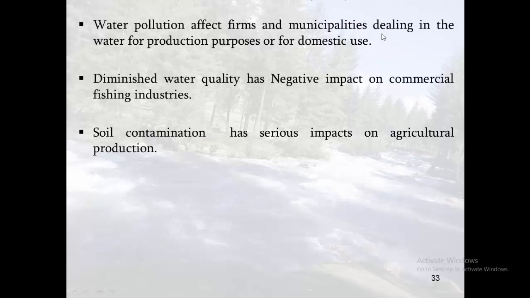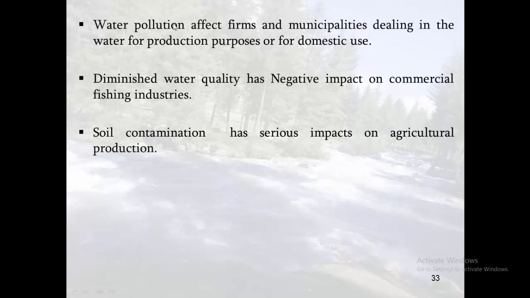We know that mostly in the towns, different firms and municipalities provide water to the society, to the locality, for drinking and other domestic use. Similarly, they also provide it for production use.